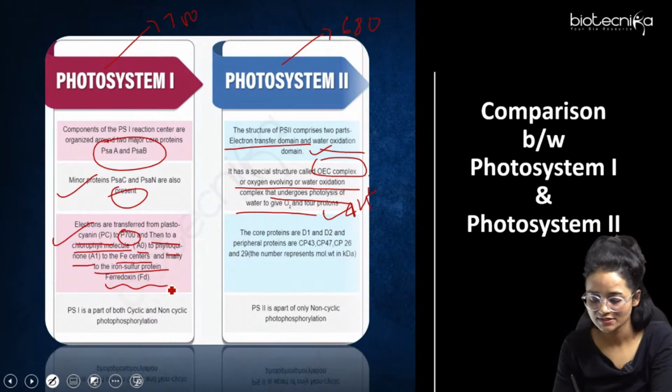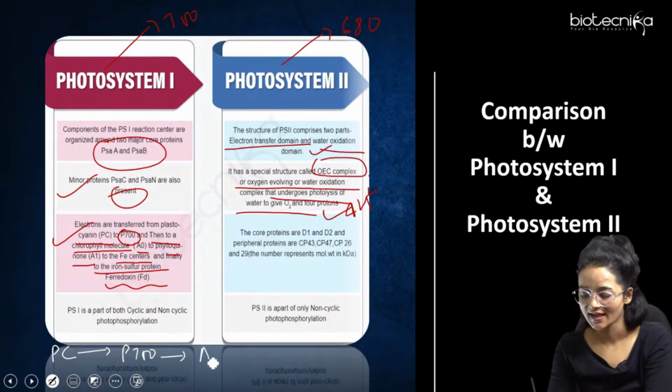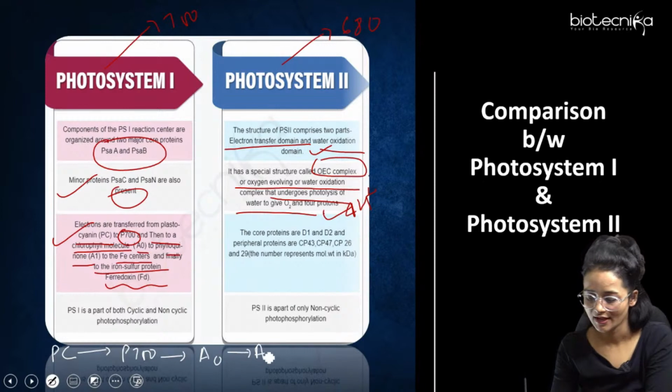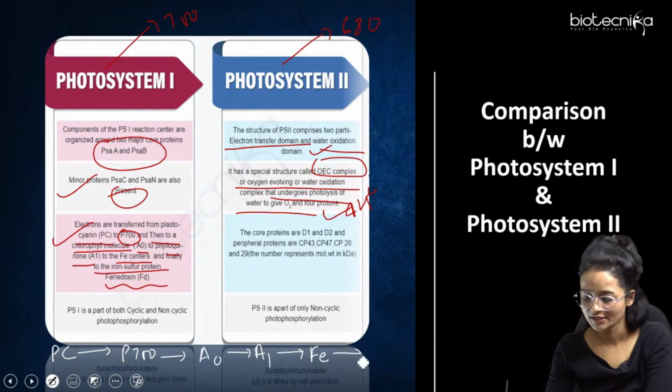Firstly, the electron is transferred from plastocyanin to P700, that is photosystem 1. After that, it is transferred to the chlorophyll molecule A0, and then to A1, right? And after that, it is transferred to the Fe center, and finally to the iron sulfur protein, Fd, that is the ferredoxin complex.